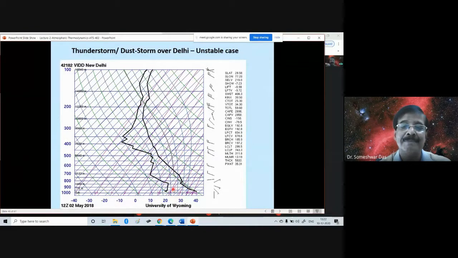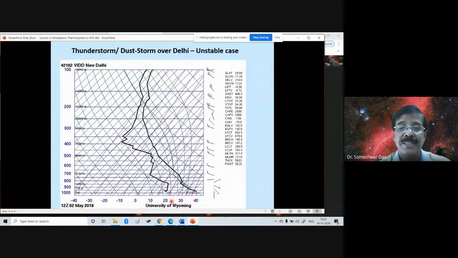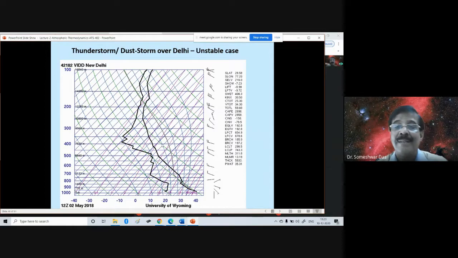The University of Wyoming has done a great job by archiving the observations of all the stations throughout the world for the last 30, 40, 50 years or so. Any past data you want to extract, just go to the website and you can get it, available in digital form as well as graphical form.